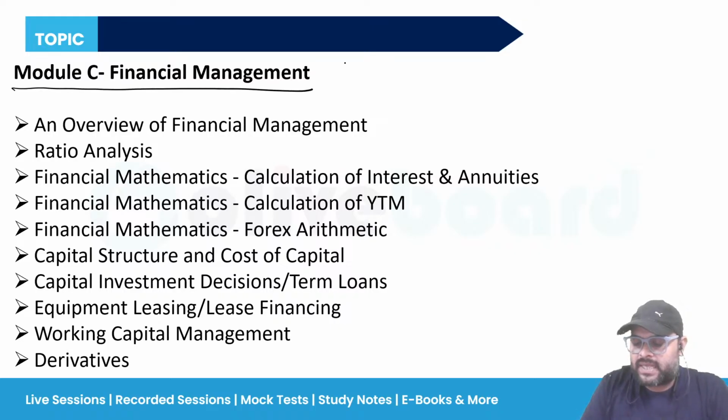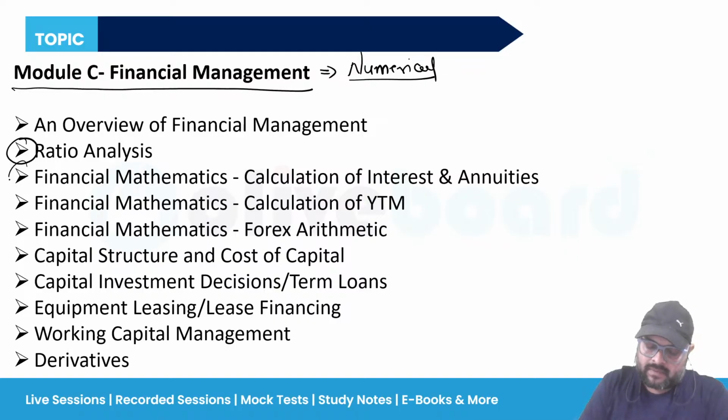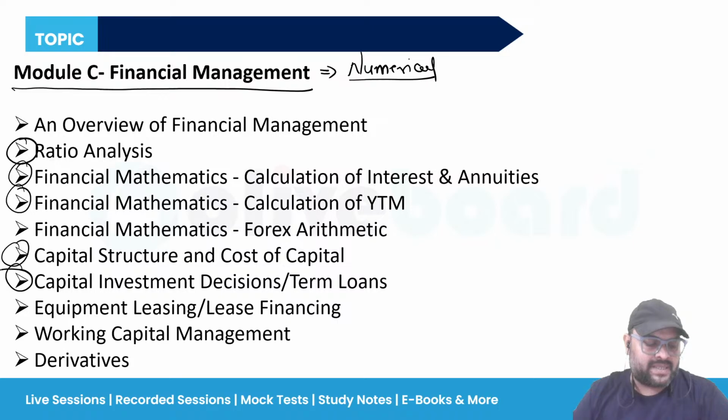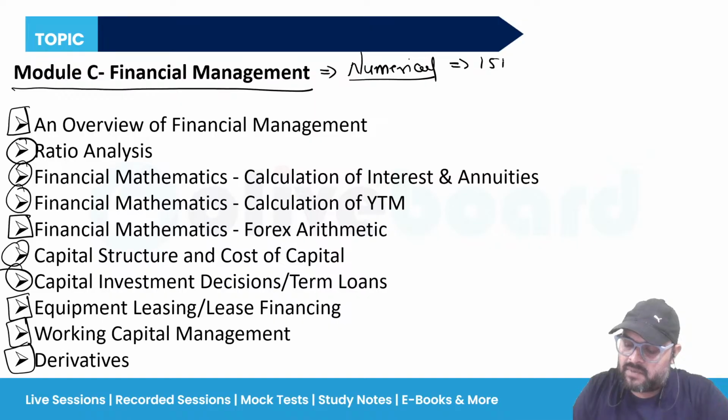Then module C is highly numerically intensive. It's a numerical computation based module and five topics are purely numerical in it, and five topics are purely conceptual in it. So it's a division kind of topic, numerical 15 marks, and the conceptual part of the paper will also be 15 marks.